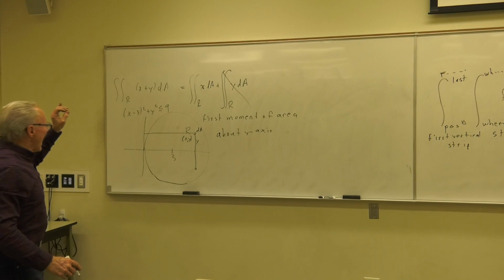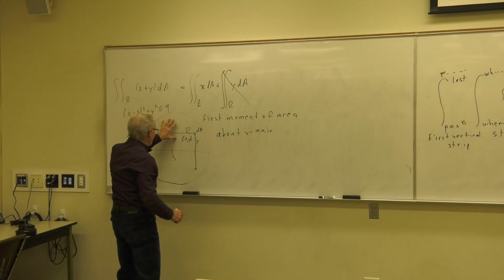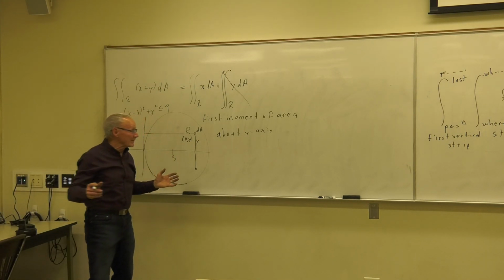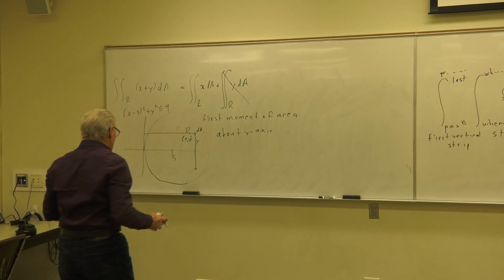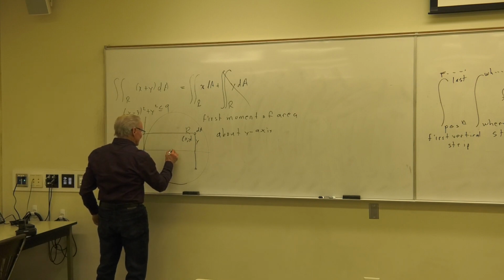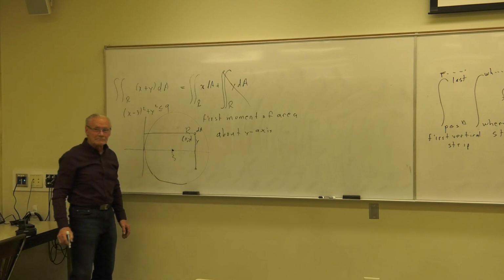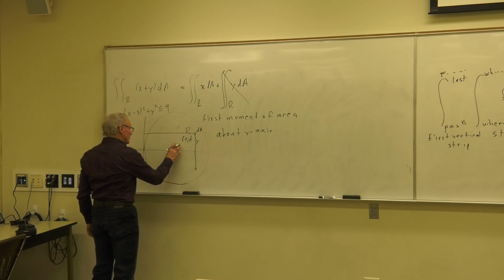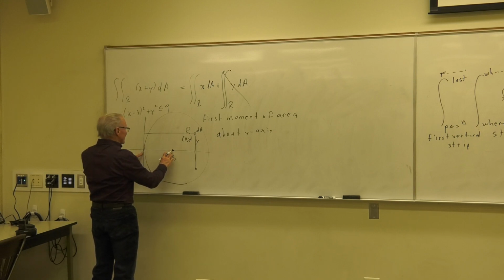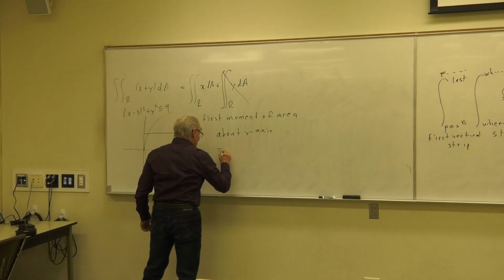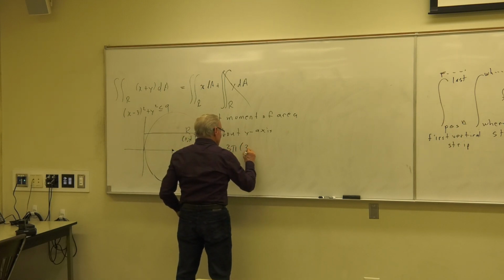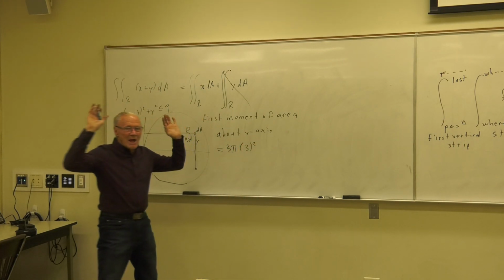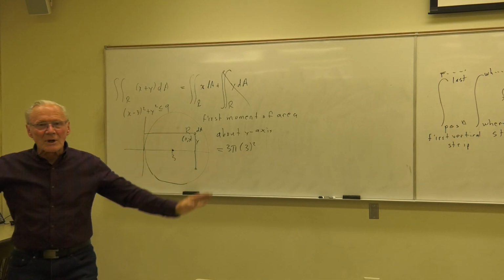In fact, because I'm an expert on first moments from first year calculus, I could say, hey, the center of mass is right here. All you have to do is concentrate it all there and multiply by 3. So we could say it's equal to 3 times the area of the circle. There's the answer. No integration required.